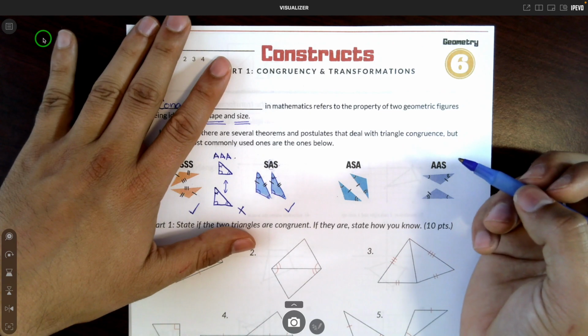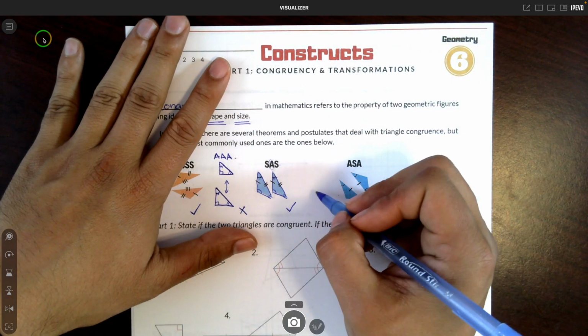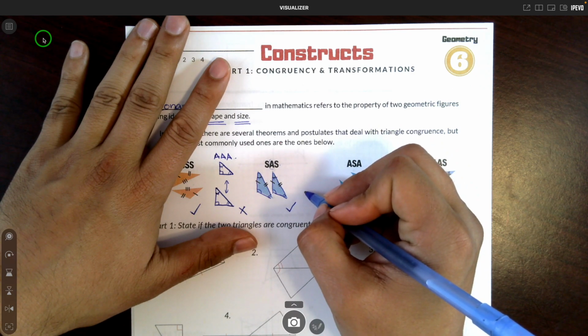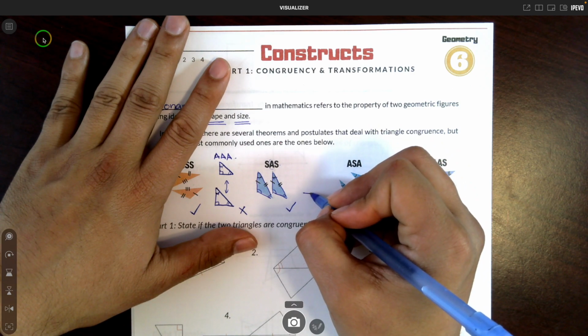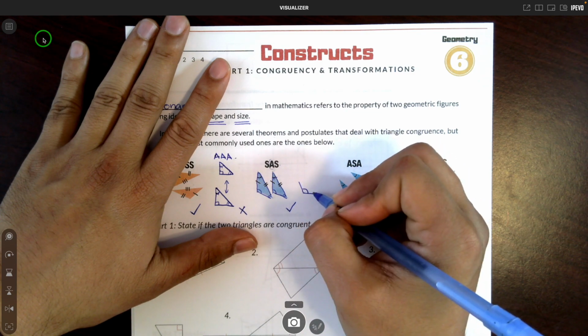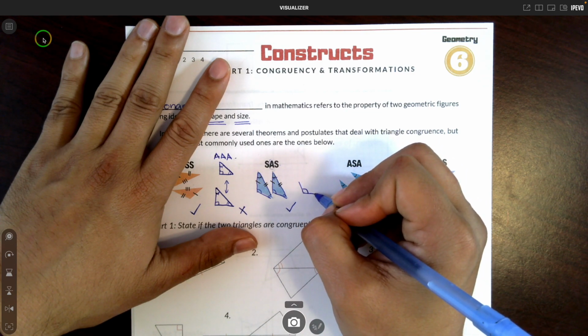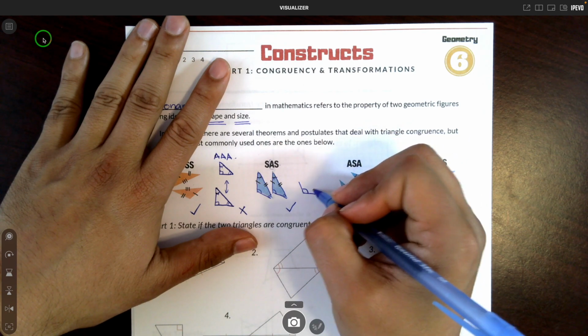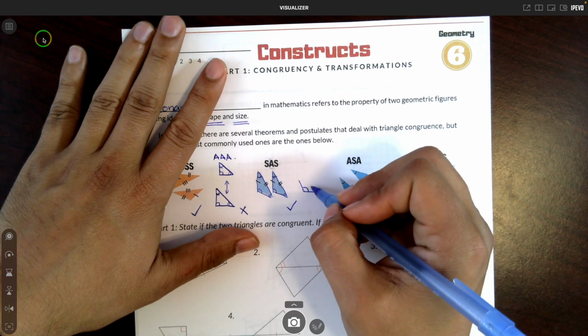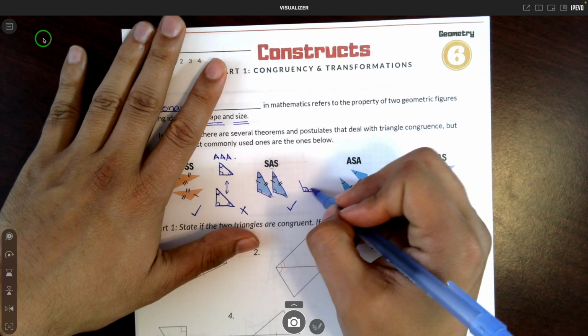Let's see one that doesn't work. Okay, so if I have an angle, let's just say it's this big, and, oh man, I kind of wish I would have picked the smaller angle. Let's scratch it.